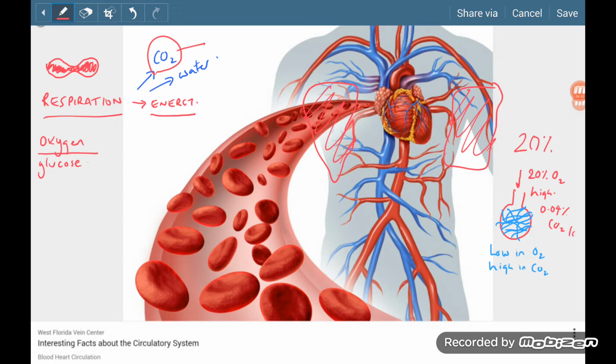So this is low. So right here in this alveoli, we have air that's been inhaled, which has a high concentration of oxygen and a low concentration of carbon dioxide. But in these blood vessels, we have a low concentration of oxygen and a high concentration of carbon dioxide.